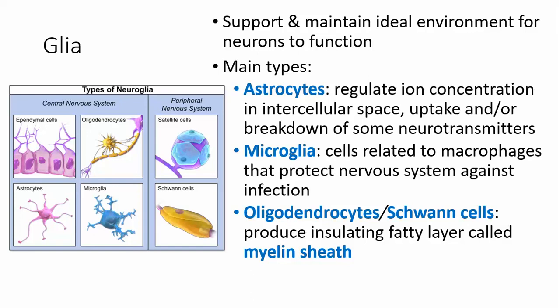And the last type of cell that's found in the nervous system are glia. Glia are support cells, but they're not optional. They're not useless. Without them, neurons would not survive because neurons are so focused with all of their energy on making sure that information is passed on, that you make the right decisions from that information, passing on instructions, that they don't have the time to do things like provide their own nutrients or clean up the space around themselves.